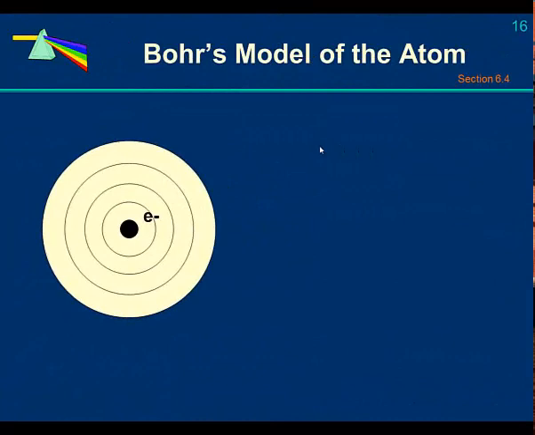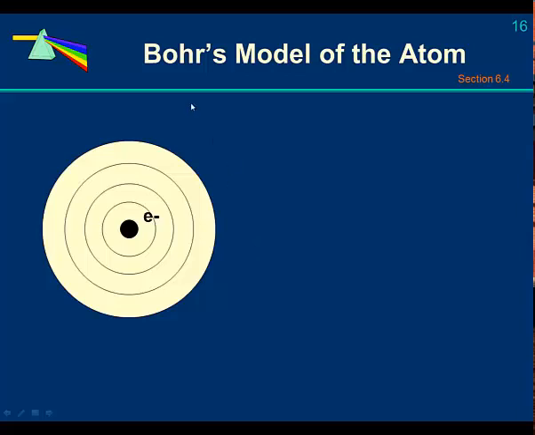Niels Bohr came up with this model of the atom to help explain the phenomenon of line spectrum. And it makes a relationship between the atomic structure for each individual element and the line spectrum produced when those elements are excited by, let's say, putting them in a flame or exciting them with an electric current. And this is the explanation.